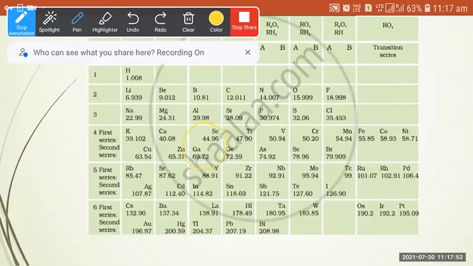And 72. So here we can see that 44, the element which was earlier known by him as Eka boron, later on, when it was discovered, was known as scandium.